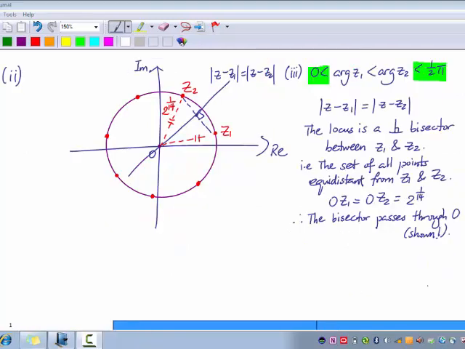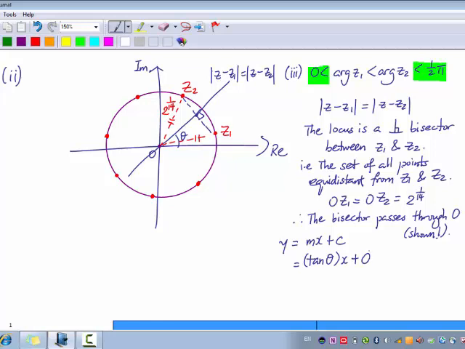What is the equation of the line in the form y equal to mx plus c? Clearly, c equal to 0 because it passes through the origin, while m is related to the angle theta that it makes with the horizontal. M equal to tangent theta in general.